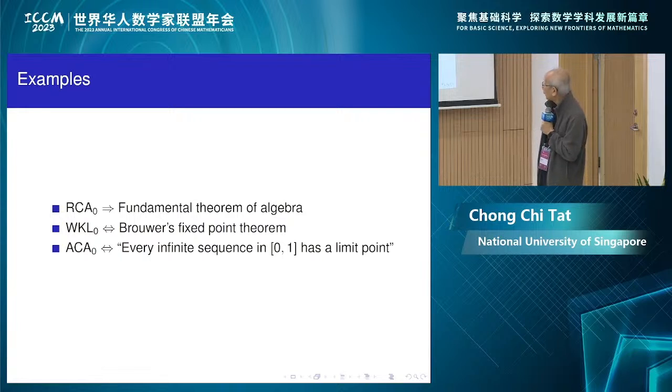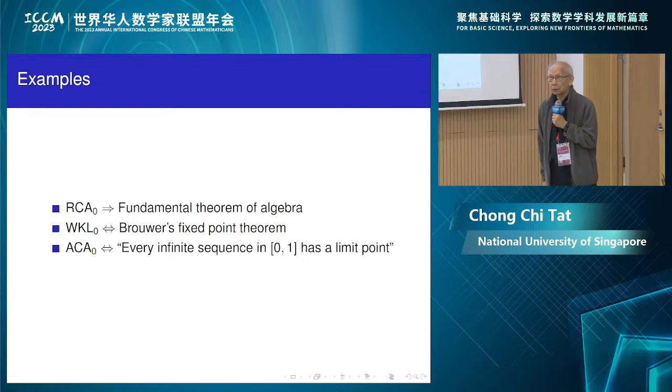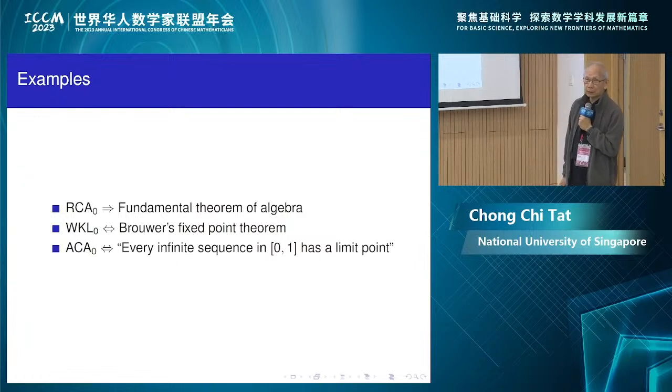Right. Another example is what is known as Hindman's theorem. This is perhaps not so well known outside the combinatoric circle. Hindman's theorem says that if you again color the natural numbers into k colors, then at least one of the colors will contain an infinite set so that it is closed under finite addition.